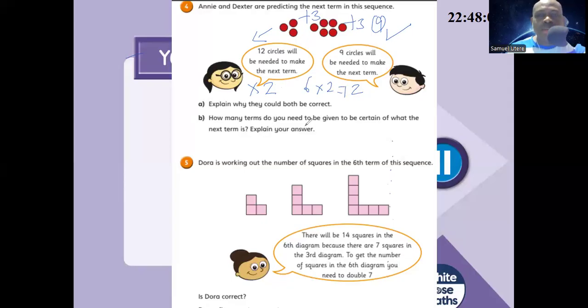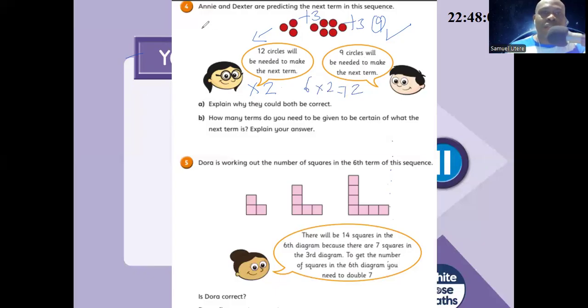Now, how many terms do you need to be given to be certain of what the next term is for the sequence? Well, the answer is you need 3 terms, because at the moment you can see that either answer is correct. But if we have a definite third term, then we can say, oh, okay, we definitely add 3.